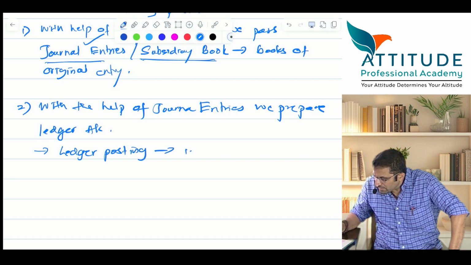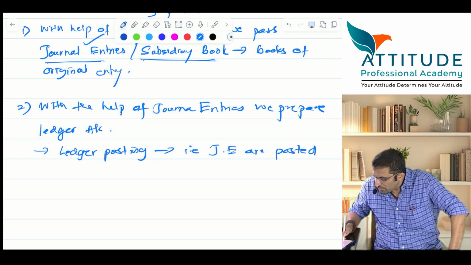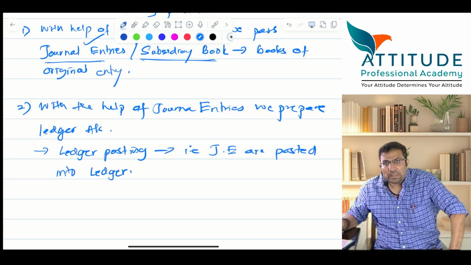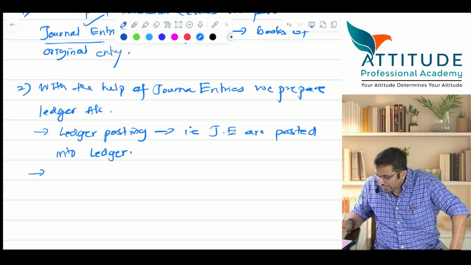That is, journal entries are posted into the ledger. In detail, I am giving you some steps. Is that clear?